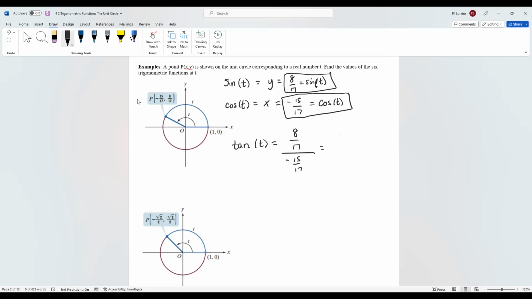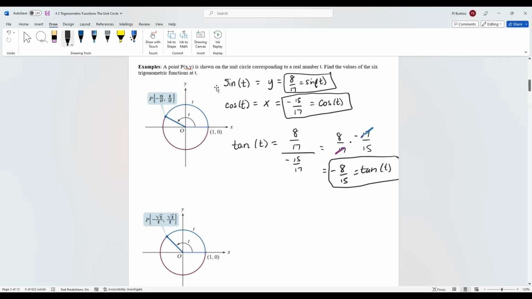And we can simplify that because we can flip and multiply by the second fraction that we're dividing here. And that's nice because they're both over 17. And so when we flip and multiply, those cancel, and we get -8/15 for the tangent. Again, we could have just done sine divided by cosine, and that would have given us the same result.